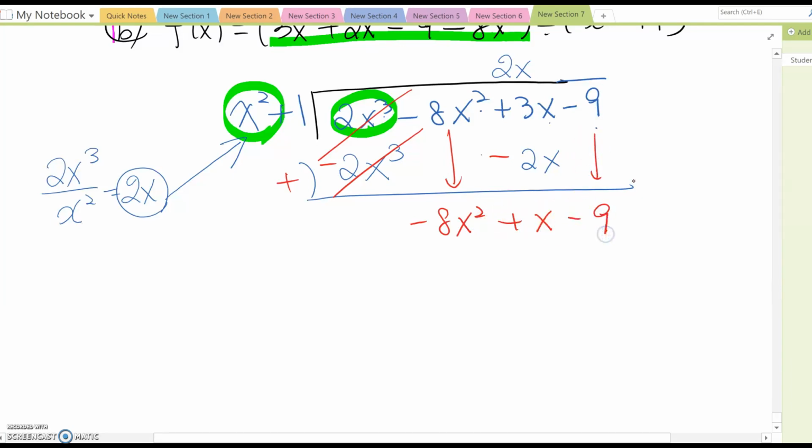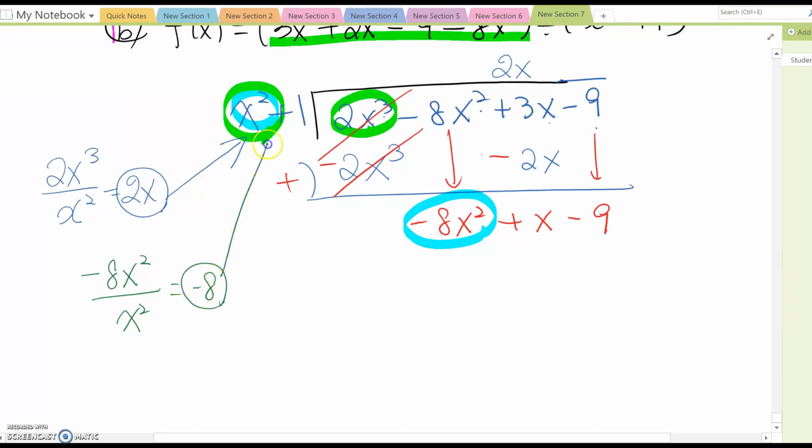Then what do we compare again? Yes, only the leading terms of the dividend and divisor. So we take negative 8x^2 over x^2. Then you get negative 8. Now you multiply this with the divisor.